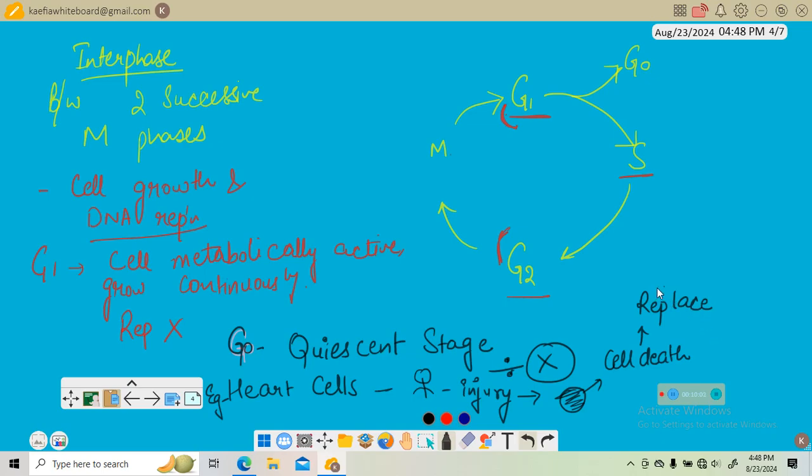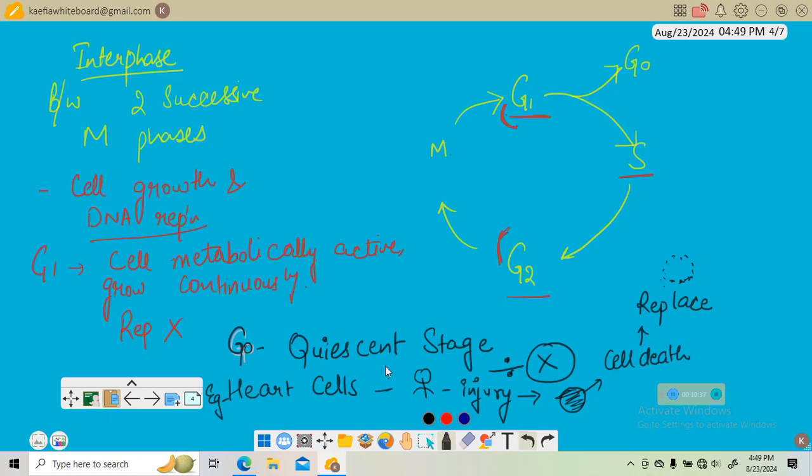When an injury is healed, the cell that has undergone cell death is replaced and repaired, and a new cell forms. This is basically cell division only. These cells divide on a particular occasion, whenever there is a need of the body.